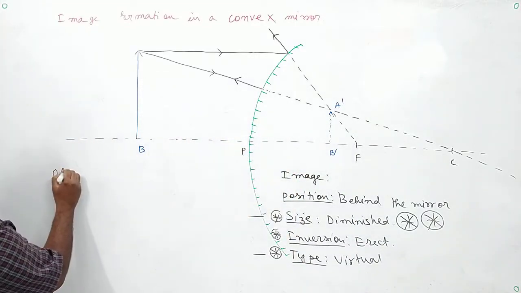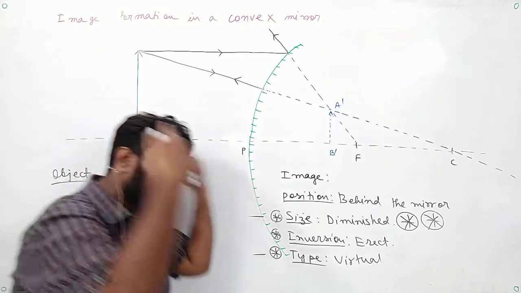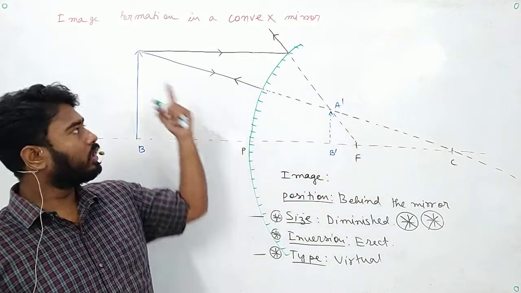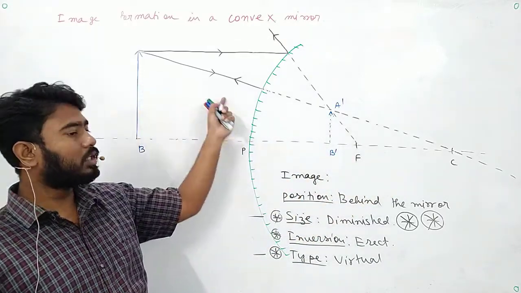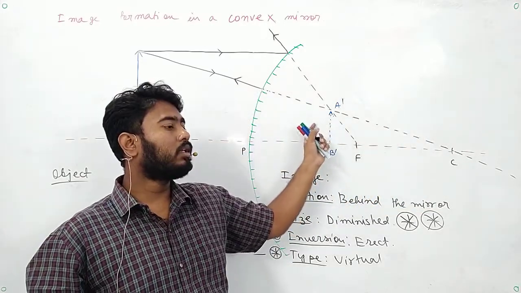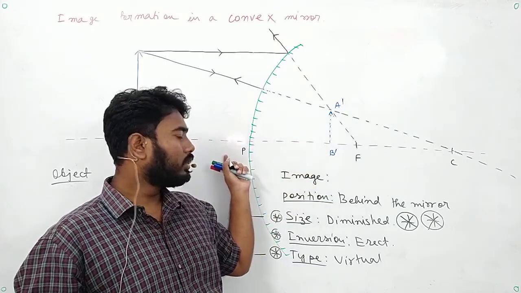And what is the position of the object? See, you can keep the object anywhere in front of the mirror. If you keep the object here, you keep the object there, anywhere in front of the mirror, the image will be formed between focus and pole, behind the mirror. Is it clear?